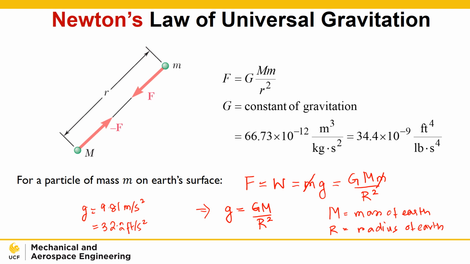We should note that since the Earth is not truly spherical, the distance R from the Earth's center varies, and hence the value of W, which is weight, and g, the gravitational constant, will vary with the altitude and the latitude of the particle.